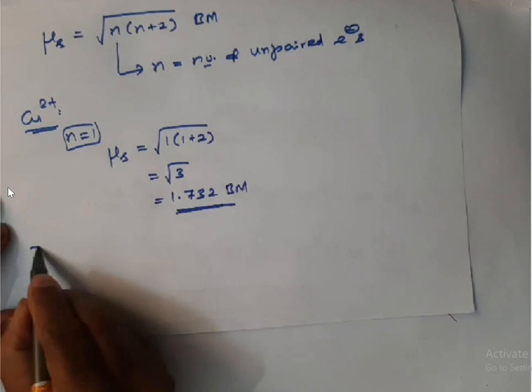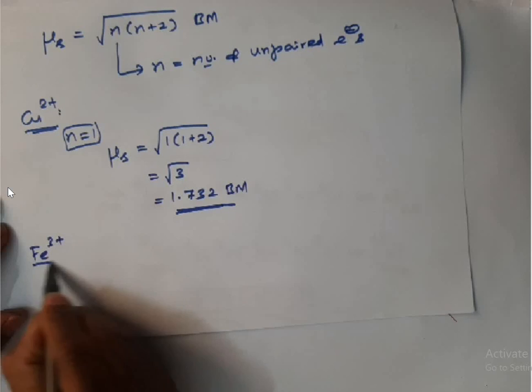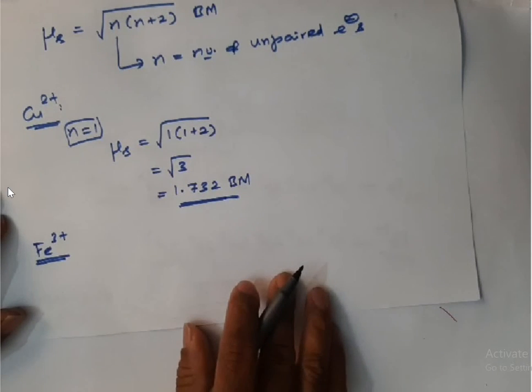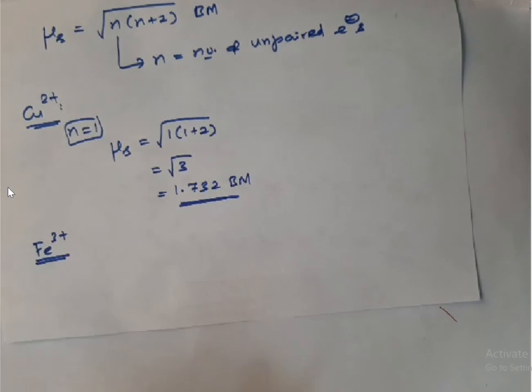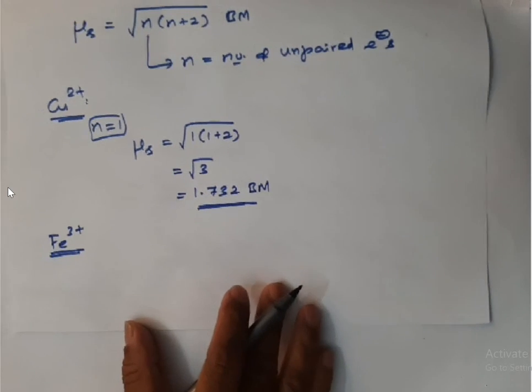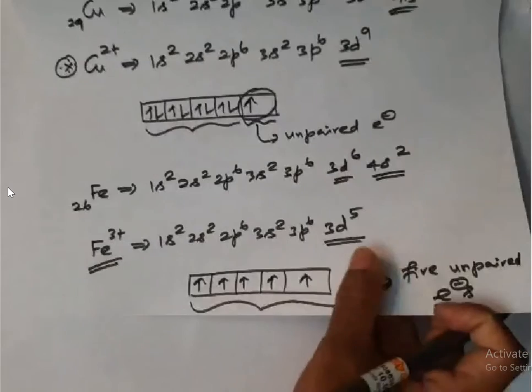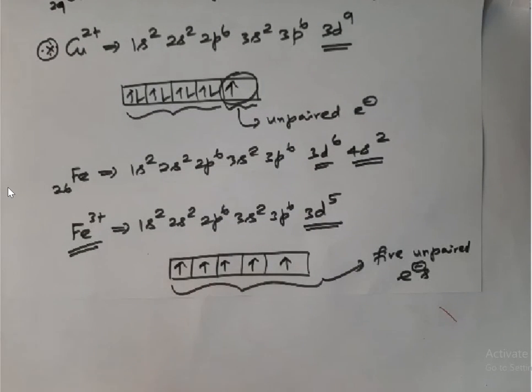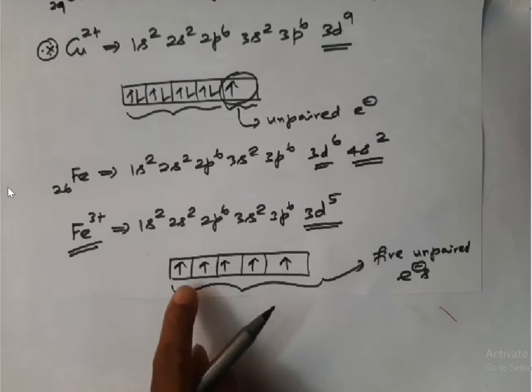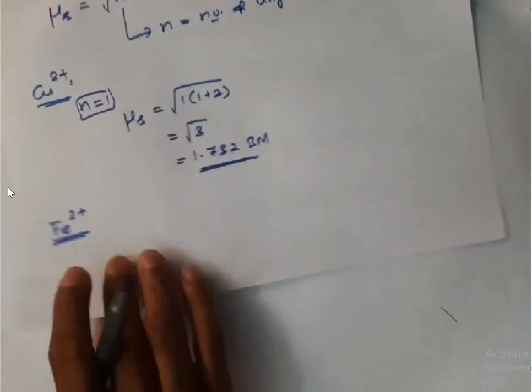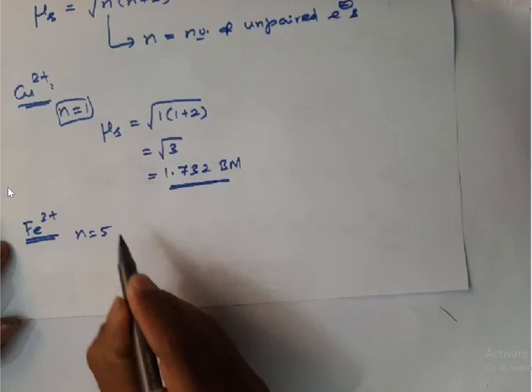Similarly, for Fe3+, can you calculate what's the value for Fe3+? How many unpaired electrons are there in Fe3+? Just now we discussed. How many unpaired electrons are there in Fe3+? 5, sir. Yeah, so n equal to 5 in this case. If n equal to 5, what's the value?